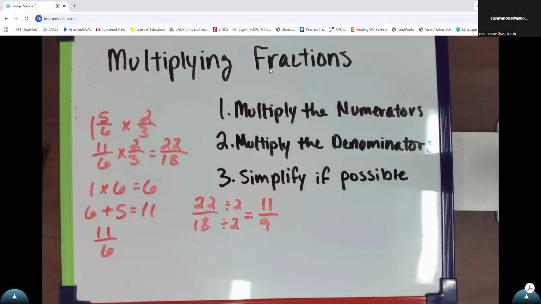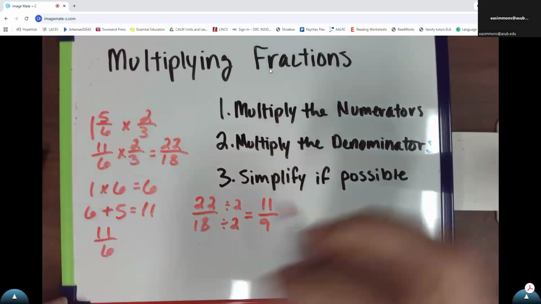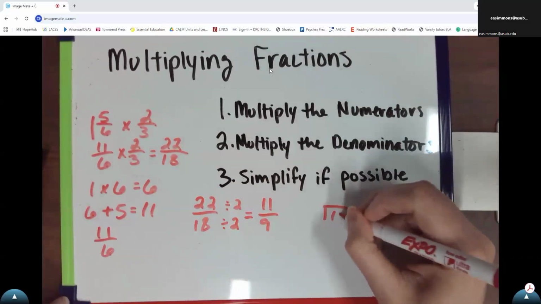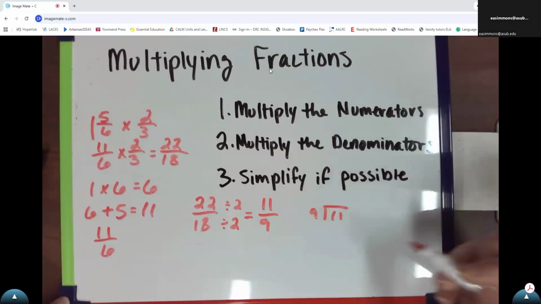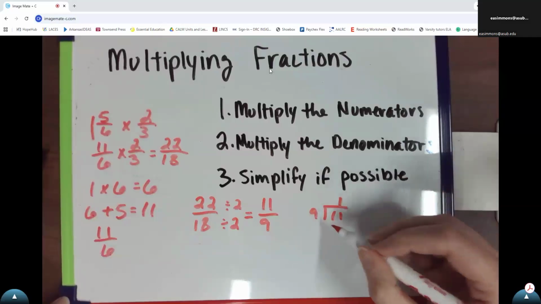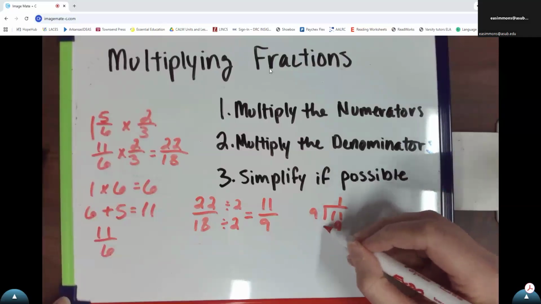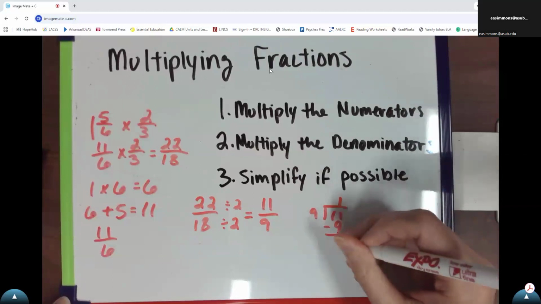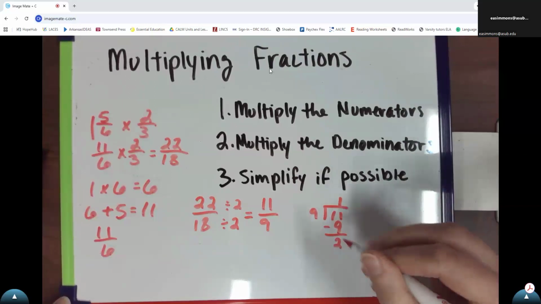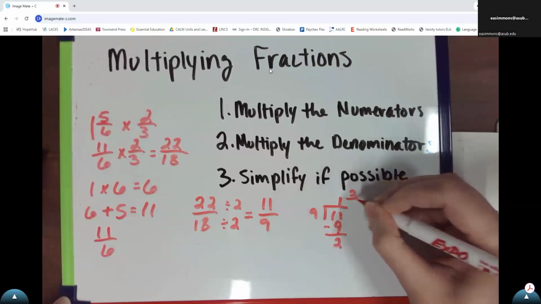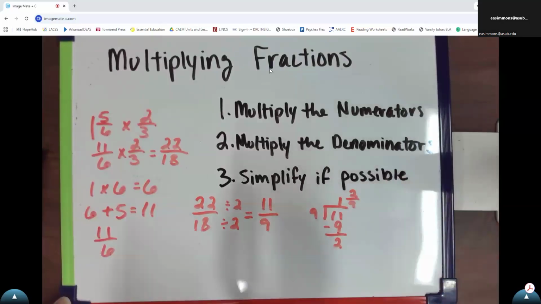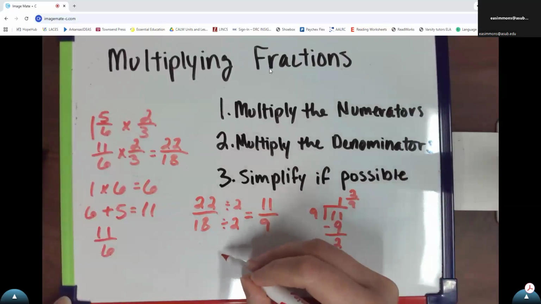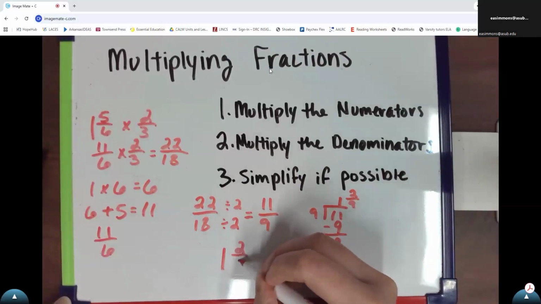Now our 11/9 is an improper fraction, so we can turn that into a mixed number. 9 goes into 11 one time. And that leaves us with 2 left over. So that 2 will go over our denominator. Our final answer here is going to be 1 2/9.